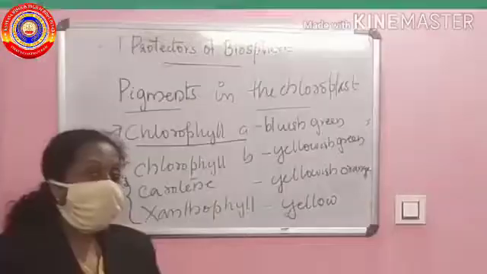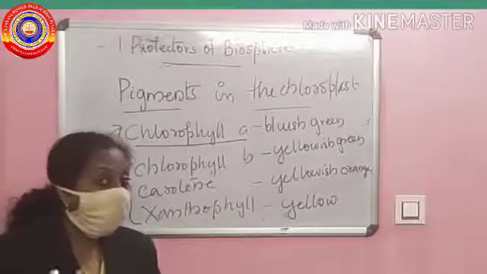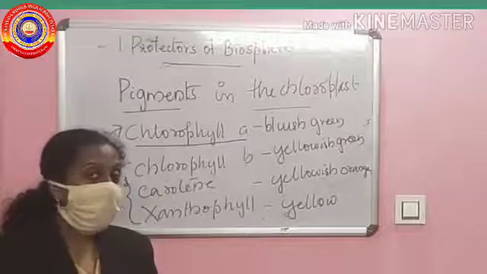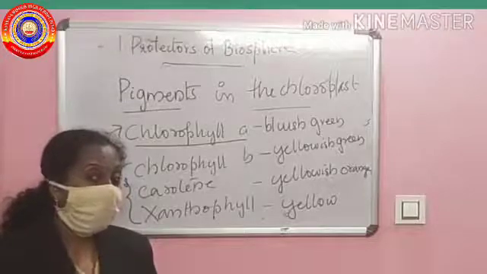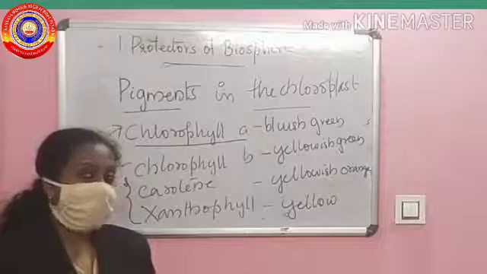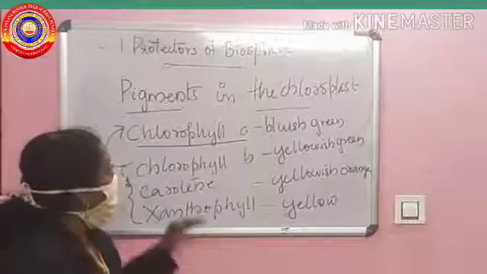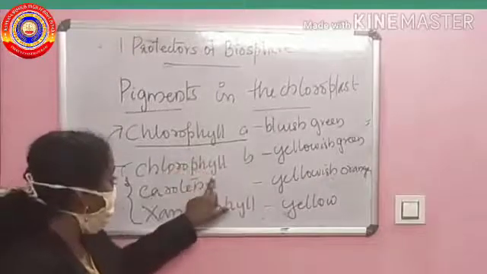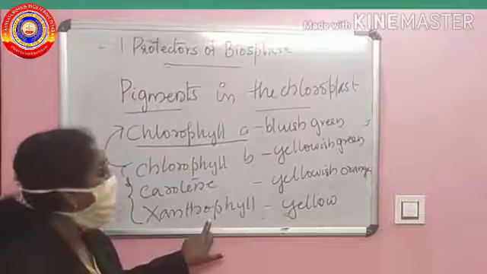Once again, pigments are seen in the grana of the chloroplast. What do you mean by grana? It is a membrane sac which are arranged one above the another in the cytoplasm, called the grana. And the pigments are chlorophyll A, chlorophyll B, carotene and xanthophyll.